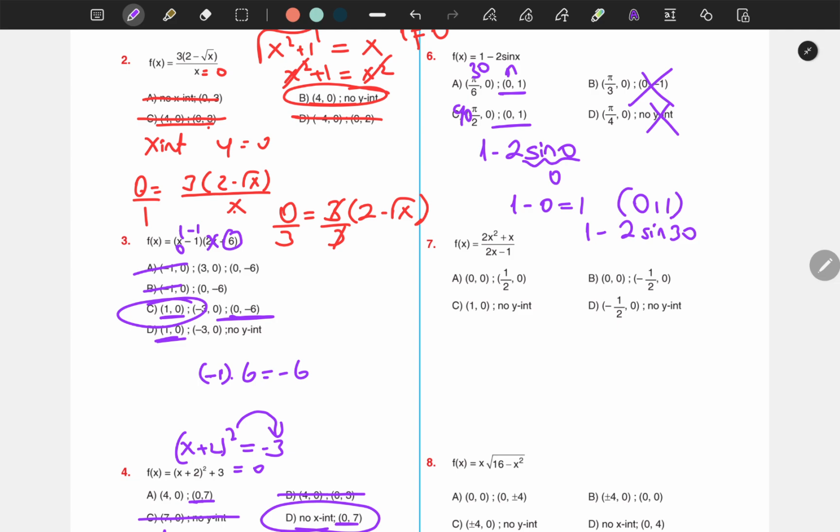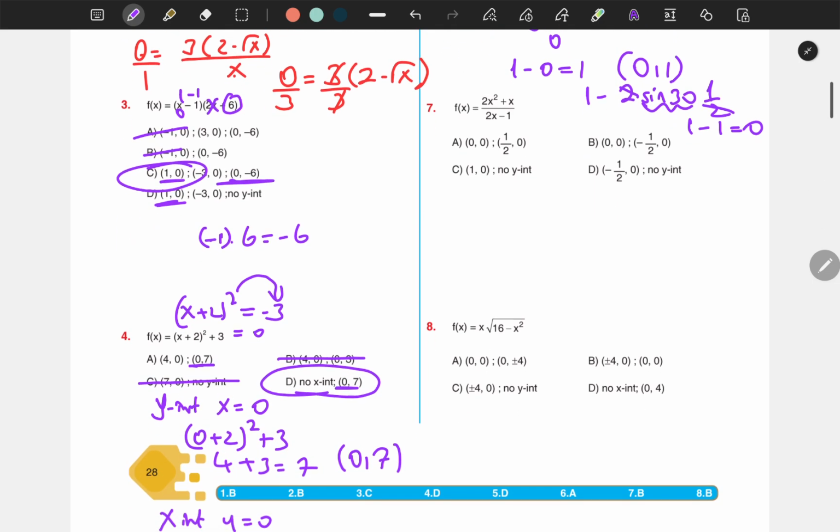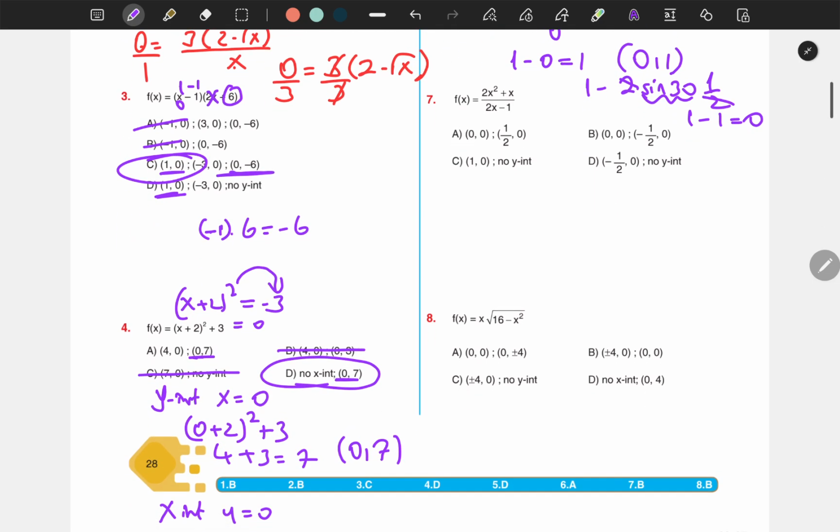Guys, sine 30 is equal to what? Do you know? 1 over 2, isn't it? So if it's 1 over 2, these 2 and these 2 are cancelled. 1 minus 1 equals 0. Yes, I replace sine 30, I get 0. A is the correct option. Okay, the next one.